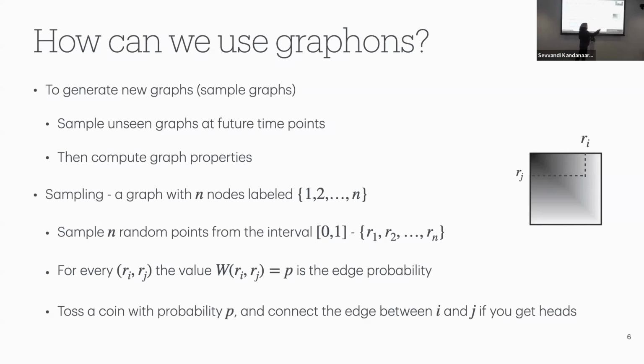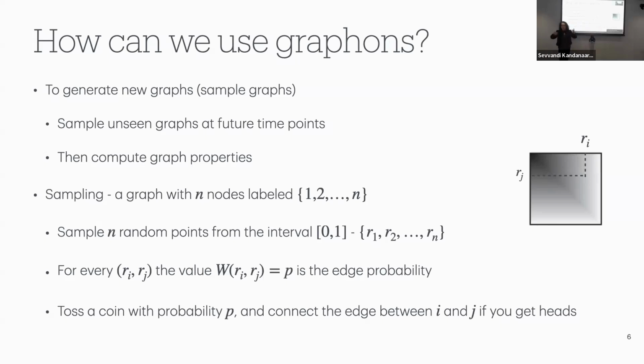For each pair Ri, Rj, you read the value of the graphon there, W(Ri, Rj), and that's the edge probability. You toss a coin, and if it comes up heads, you connect those two nodes. For every pair of nodes you can do this, and then you get the graph.